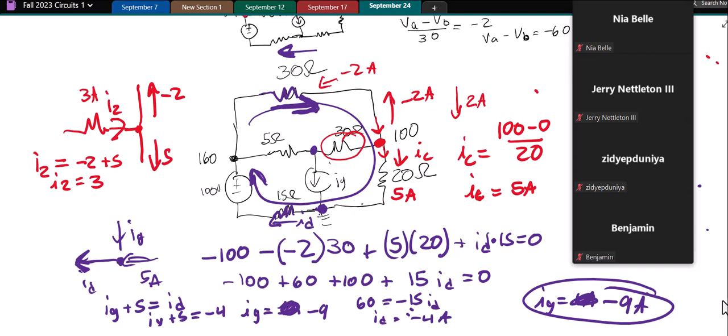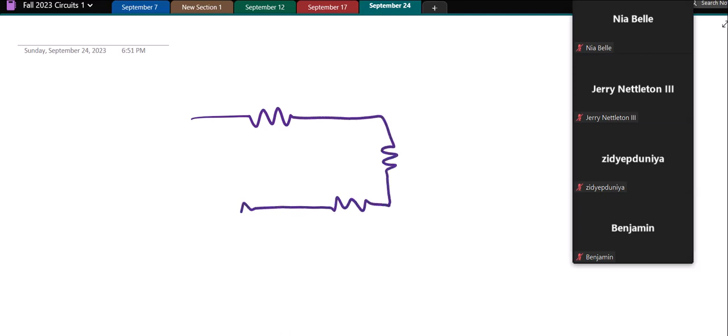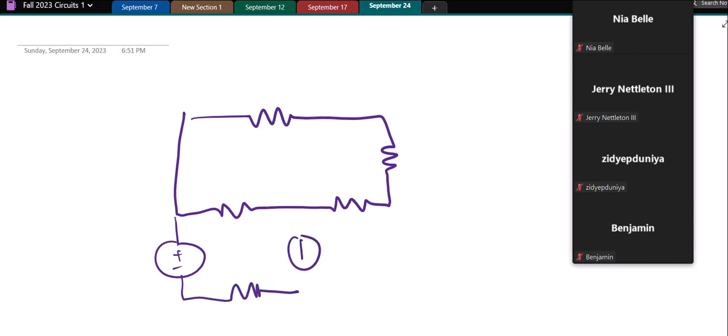So let's go back into a prettier picture, and now let's label the stuff that we know. And let's make a nicer picture for it. We replaced this with an equivalent resistor.